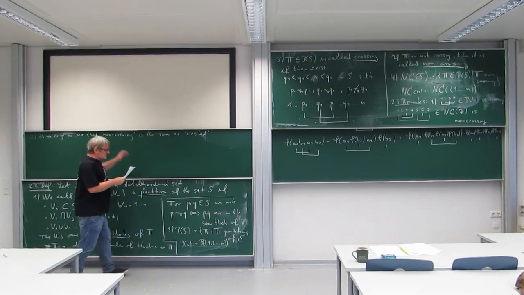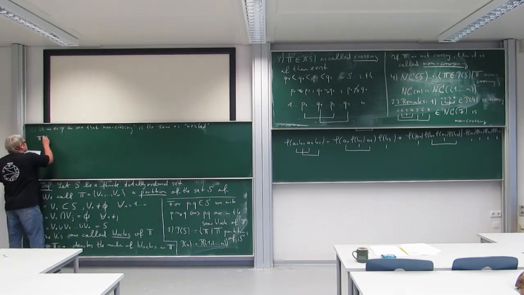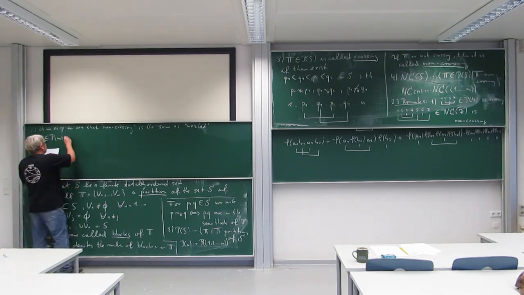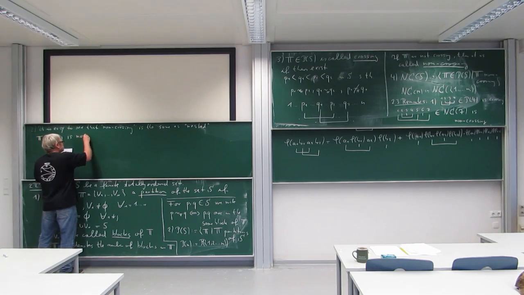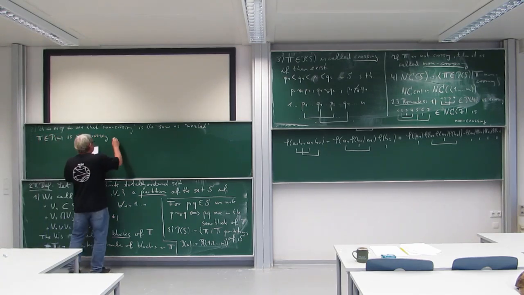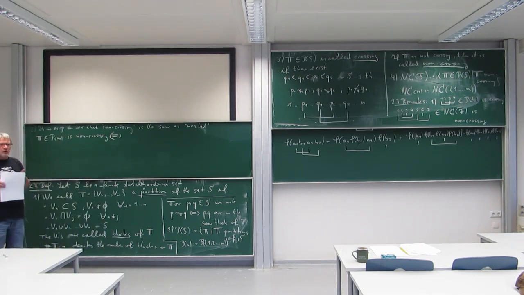And what do I mean with this? So a partition of 1 up to n is non-crossing, it's nested, in the sense that I find a special block, which I call an interval, which just consists of neighbors, and if I take out this block, then I'm left with another non-crossing partition.